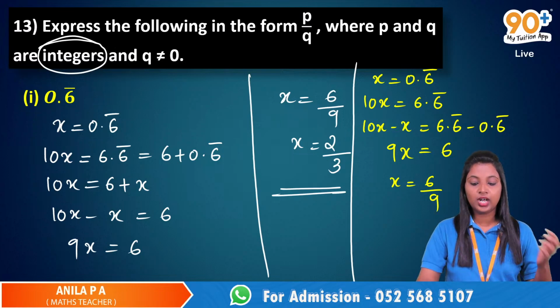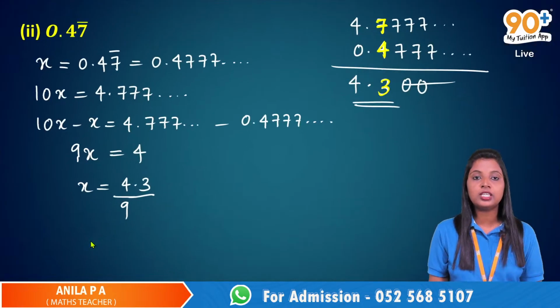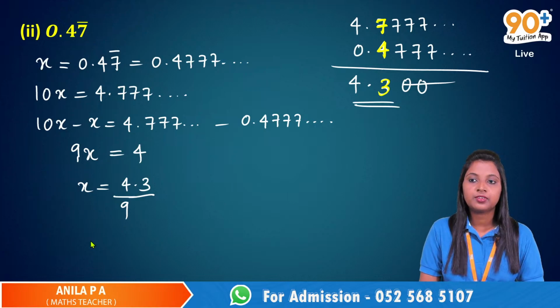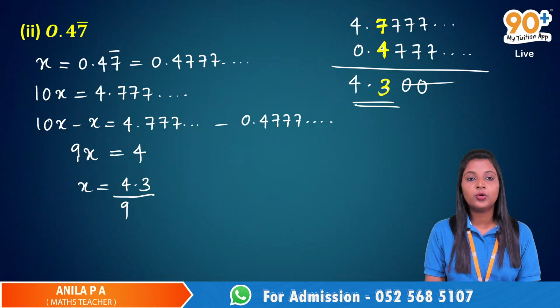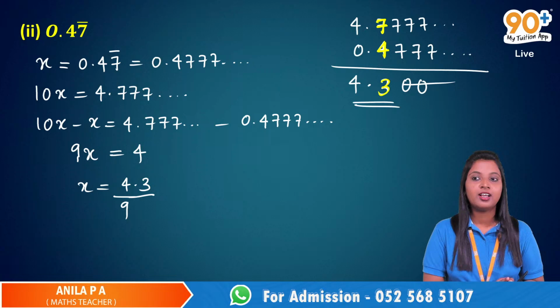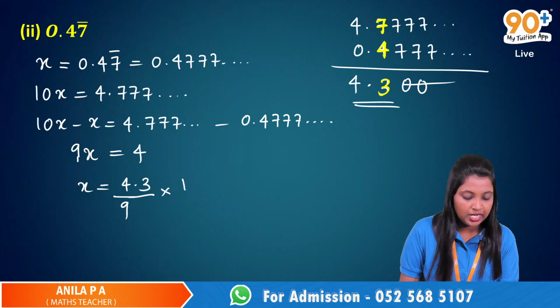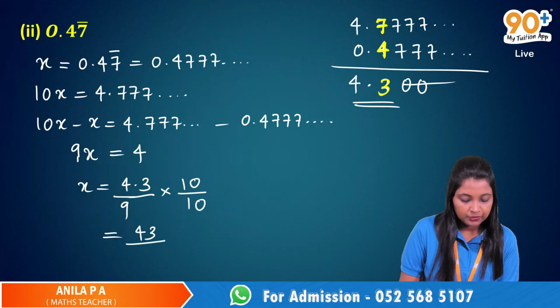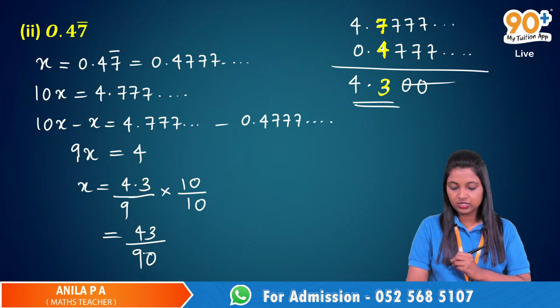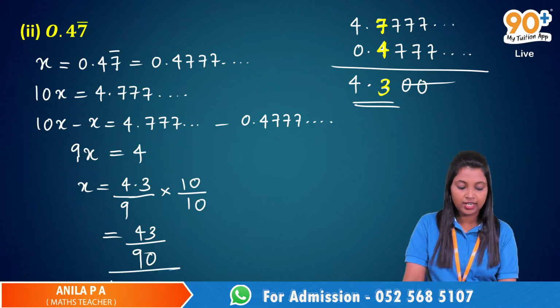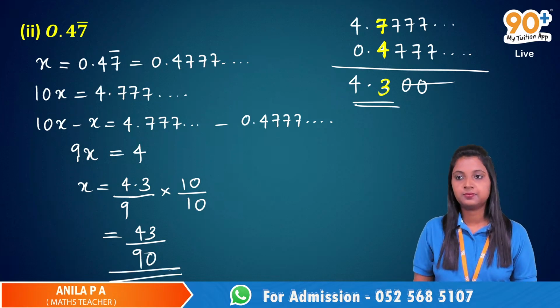Is 4.3 an integer? No, right? So what do we do now? Multiply by 10. So multiplying the numerator and denominator by 10, we get 43 divided by 90. So the answer is 43 by 90.